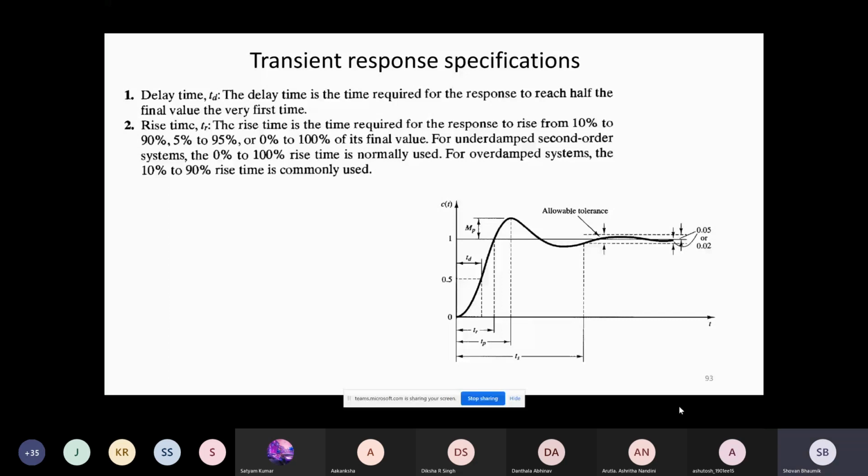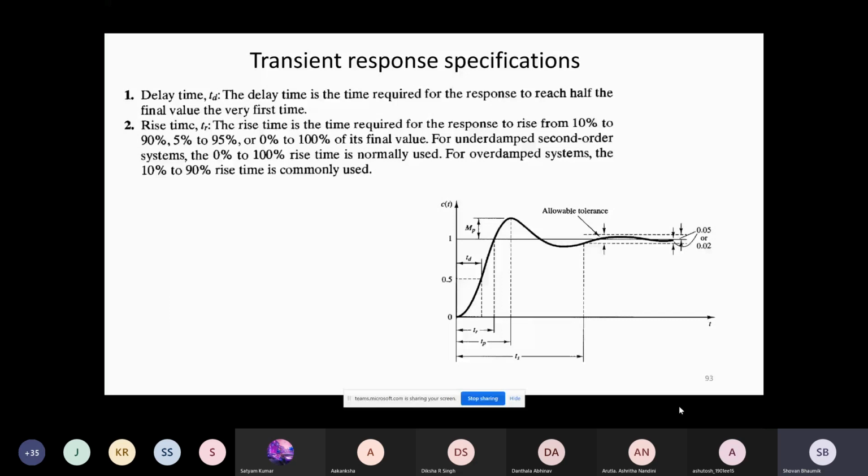Here whatever we have taken is an underdamped system. For an underdamped second order system, the 0% to 100% rise time is normally used. For an overdamped system, the 10% to 90% rise time is commonly used, because an overdamped system takes a lot of time to reach the steady state.